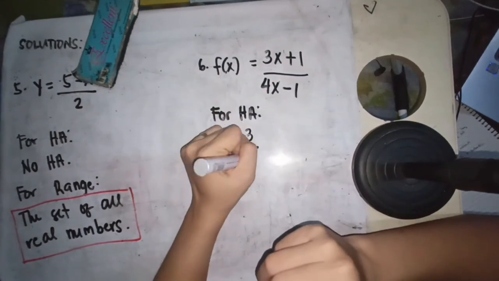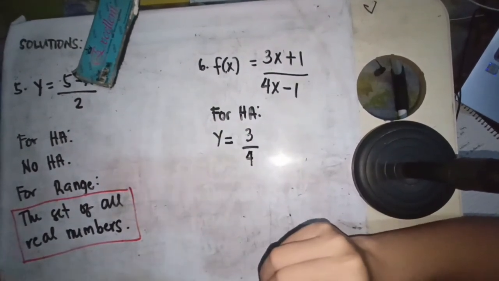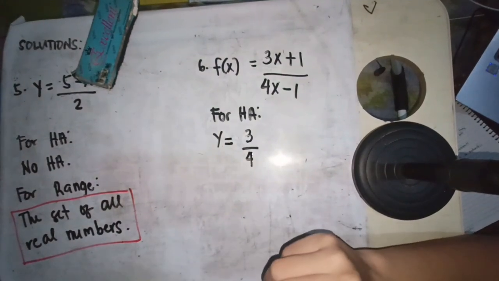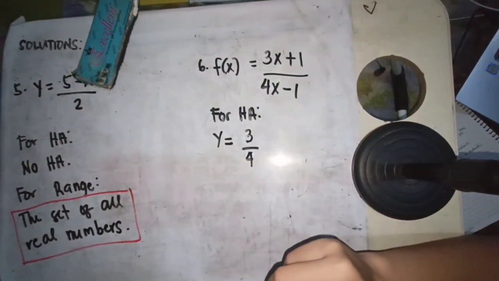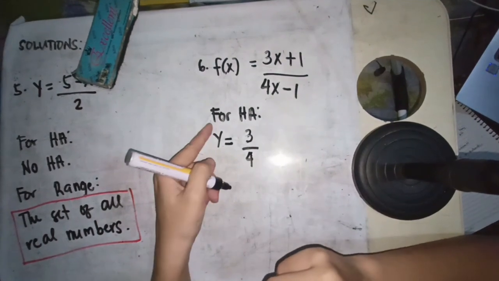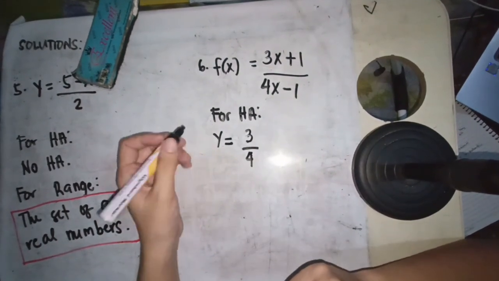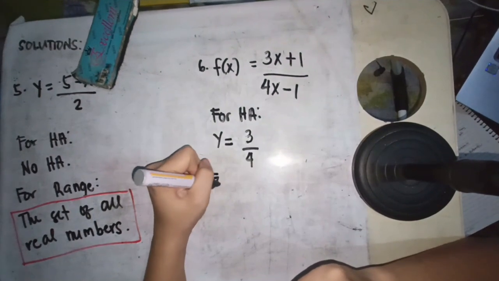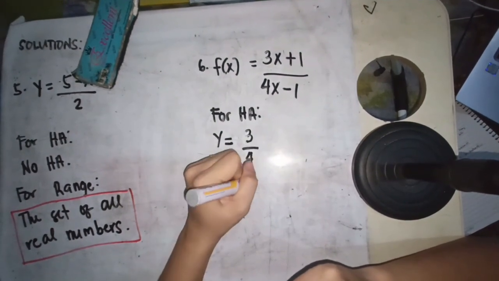So, we'll have 3 over 4. Wala naman tayo ma-simplify. Therefore, our horizontal asymptote will be y equals 3 over 4. Okay? So, since na-identify na nato ang horizontal asymptote, we can now determine our range.